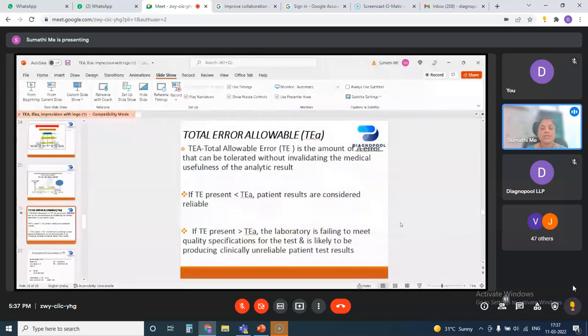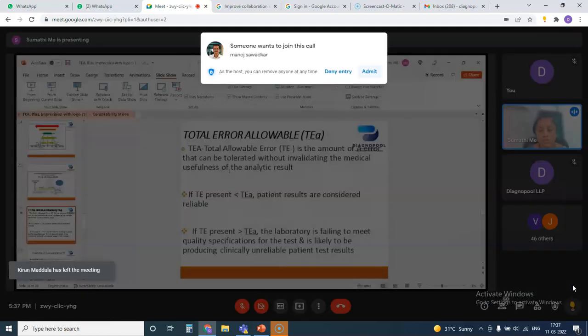So now we'll come back to the application of total error. We know that total error is both your systematic error and the random error. So what is total allowable error? It is the amount of error that can be tolerated without invalidating the medical usefulness of the analytical result.